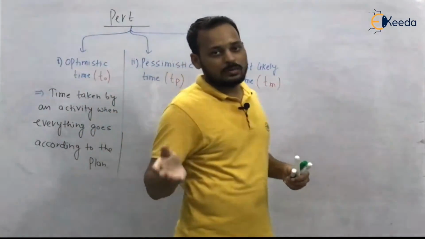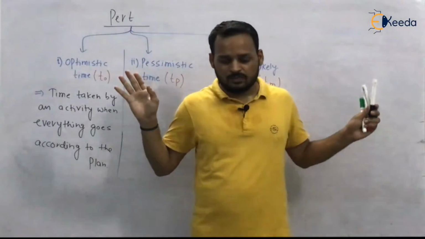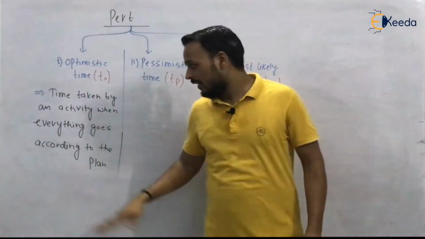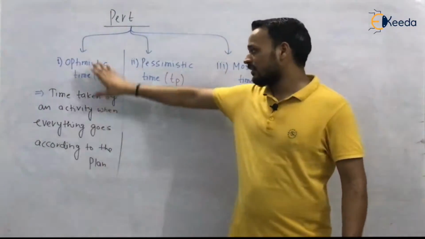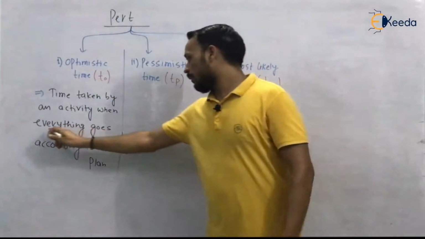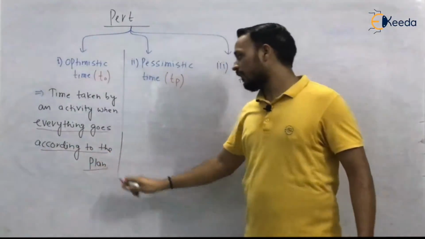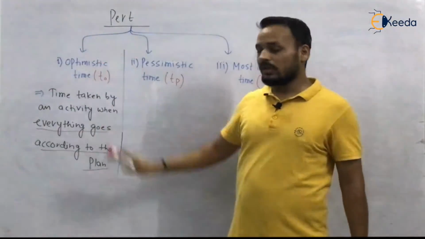Because you took admission in the PhD, you conducted your experiment, and you got your result. It means you can complete it in 3.5 years. That is optimistic time, when everything goes according to the plan.